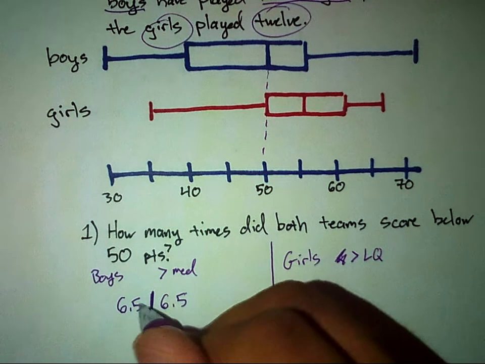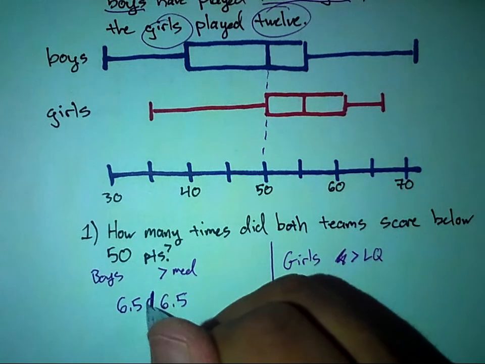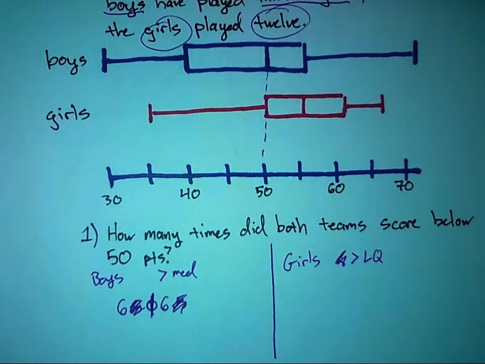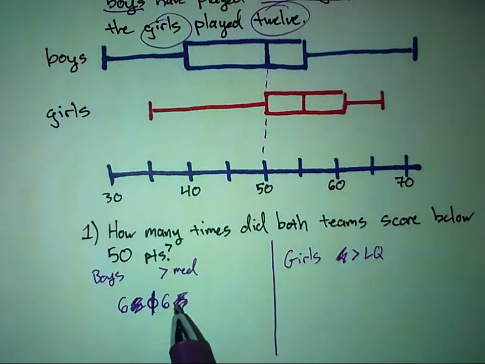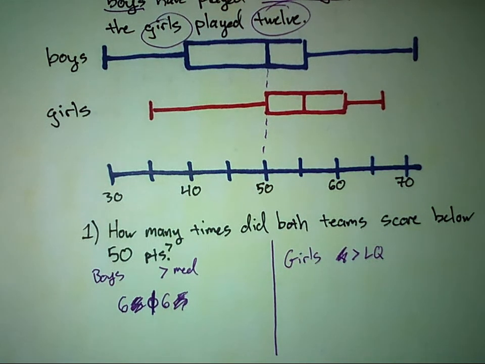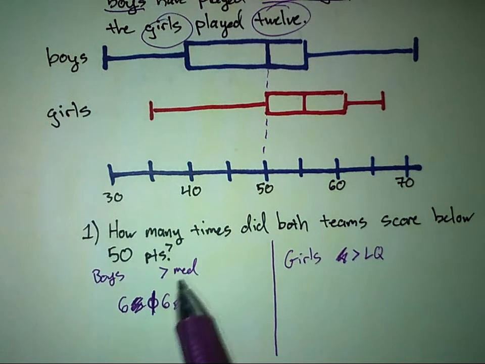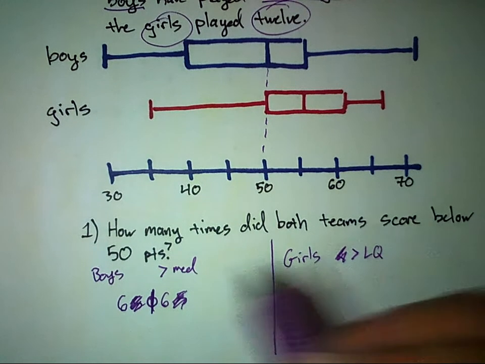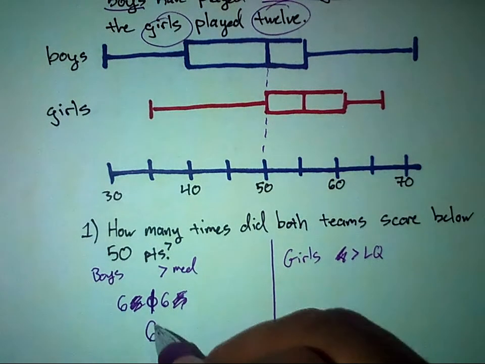So since we have a half on both sides, the median is a data point. That gives us 6 below the median, 6 above the median, and one of the data points is the median, for a total of 13. That's good. So for the boys, we needed to do less than the median, which would be 6. And the question said score below, so it does not include 50. So for the boys, it's going to be 6.